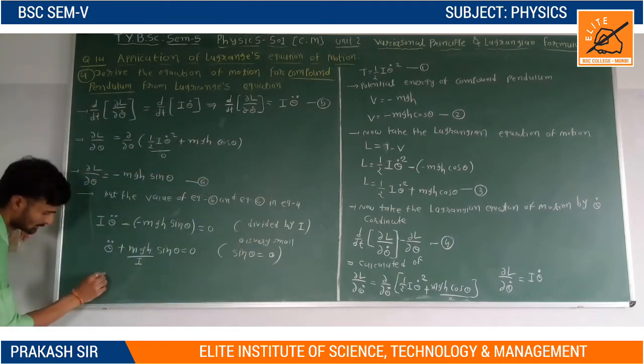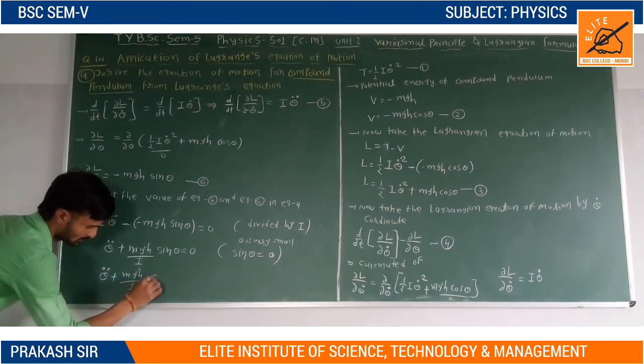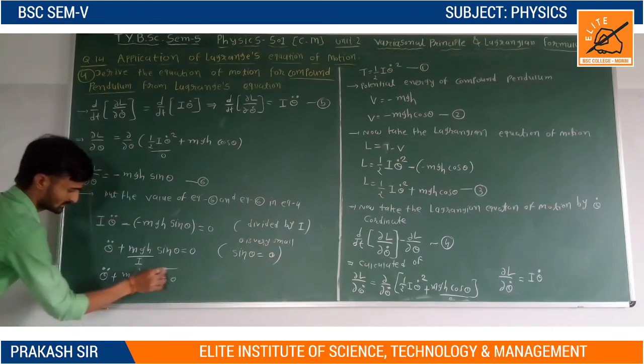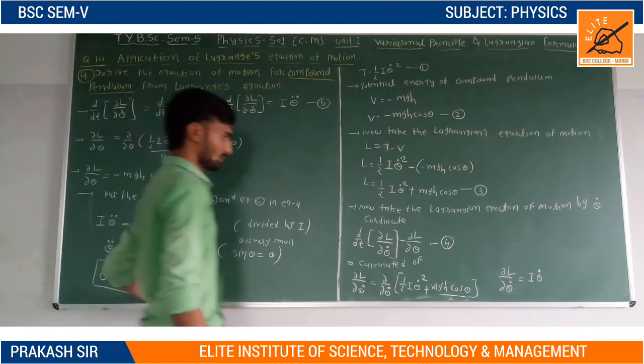So theta double dot plus mgh upon I into theta is equal to 0. This is the equation of the compound pendulum using the Lagrangian equation of motion.